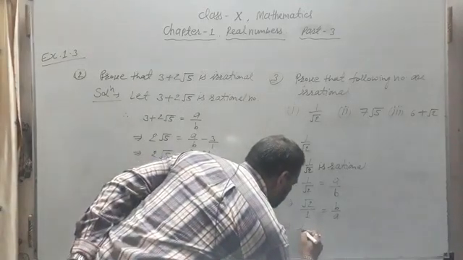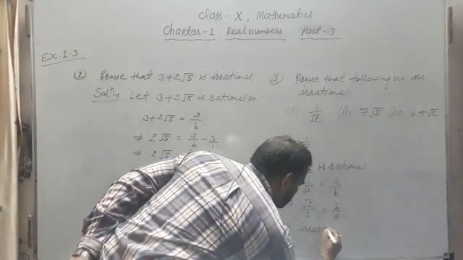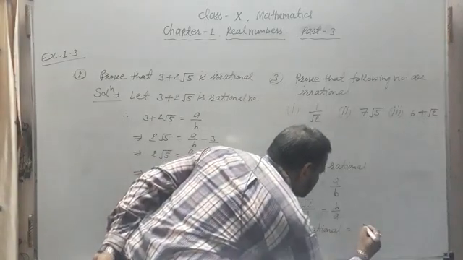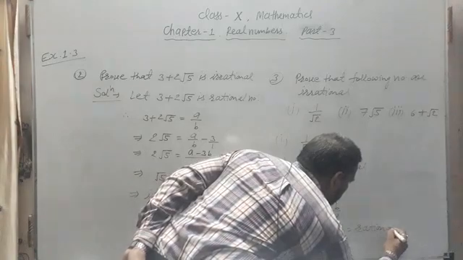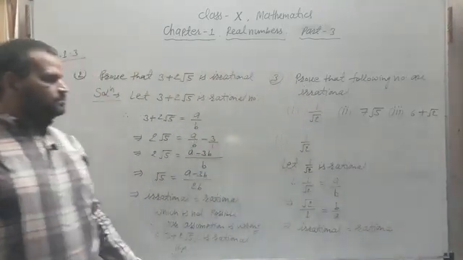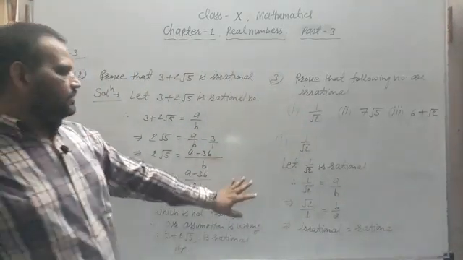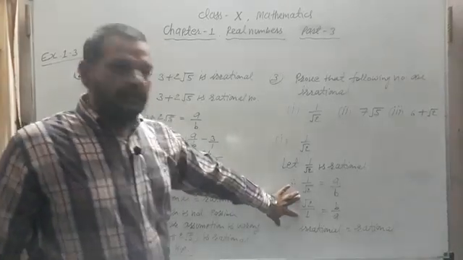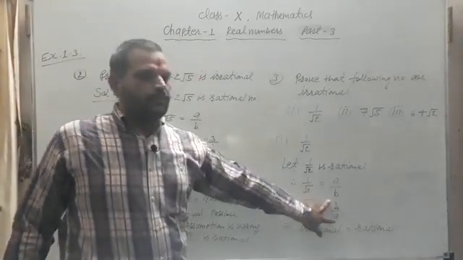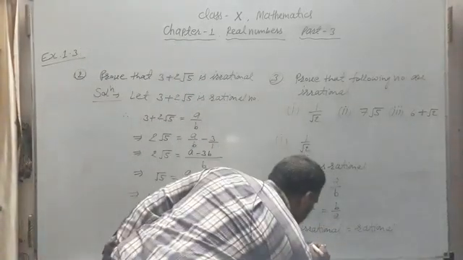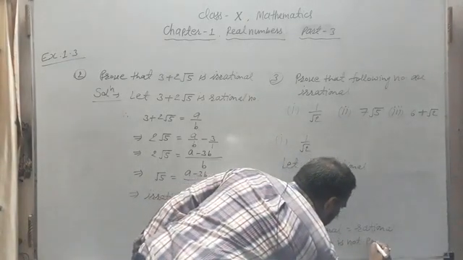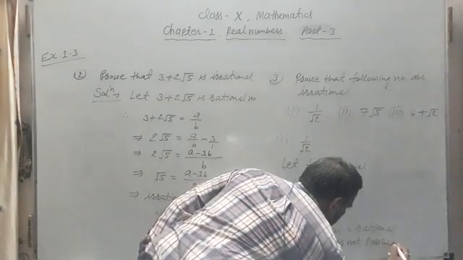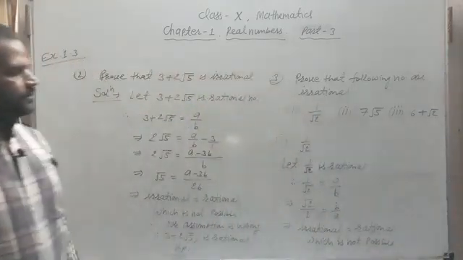Root 2 is irrational and b upon a is rational. Again the same concept you can use: an irrational part equals a rational part, which is not possible.